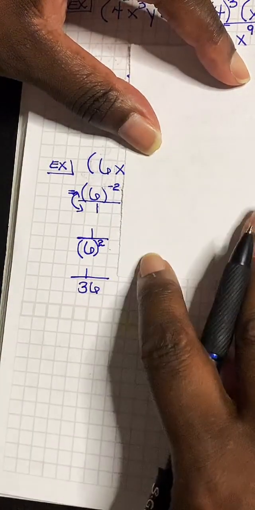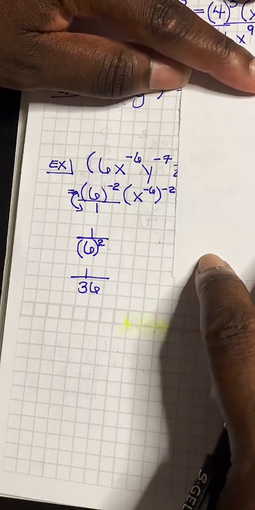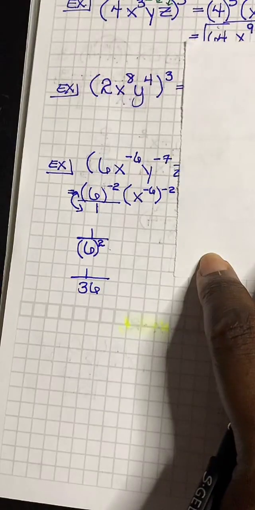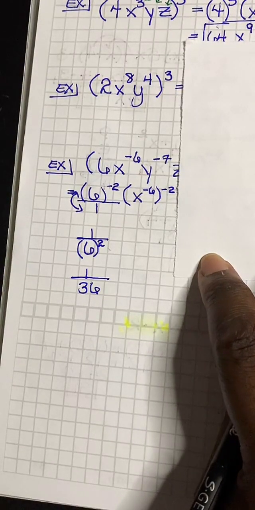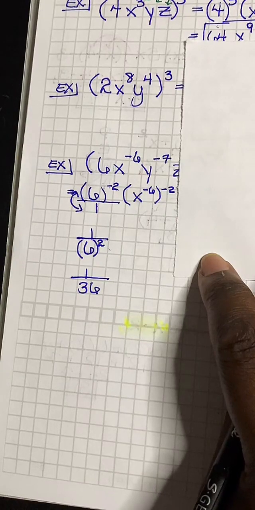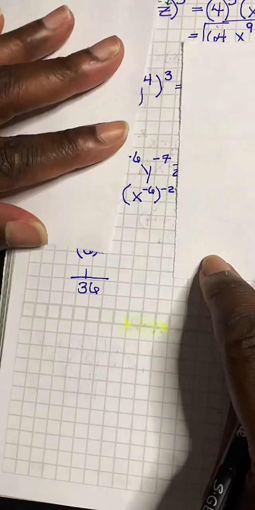Okay. So with that being done, now I'm moving over to X. You could flip it before doing the power rule, but take a look at what's happening here.